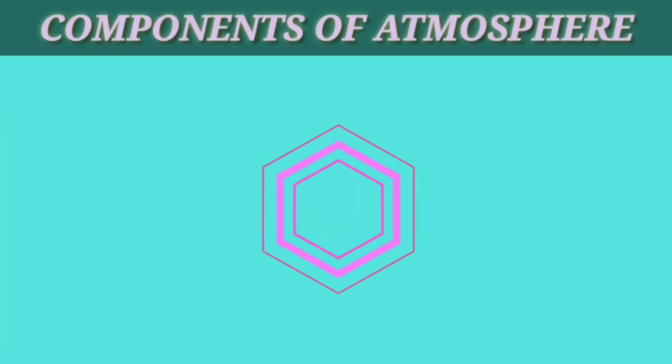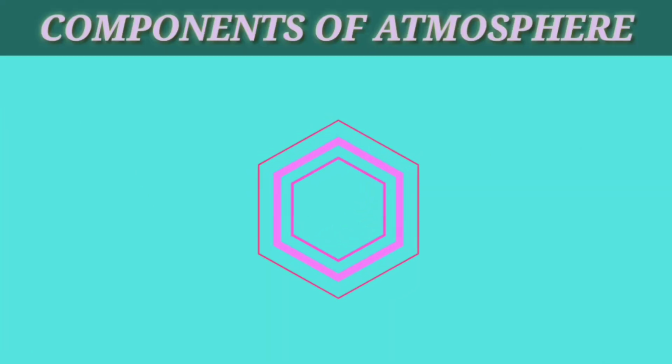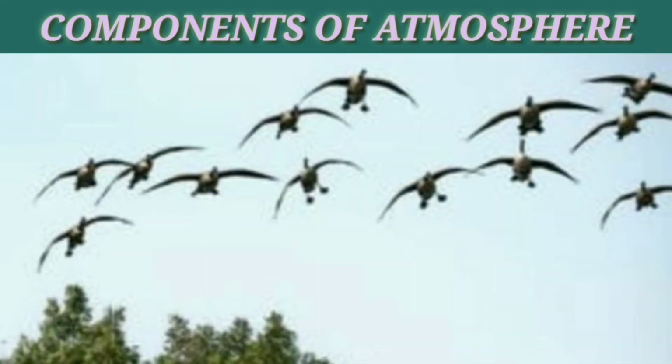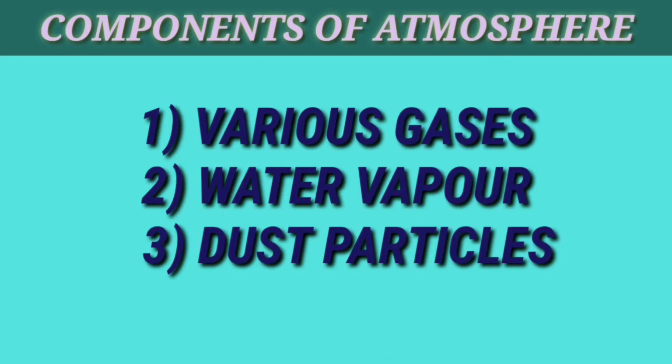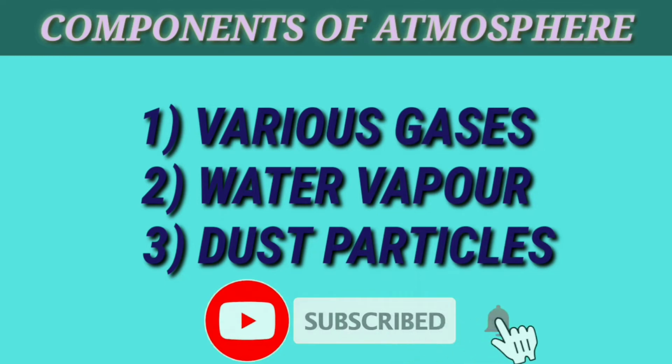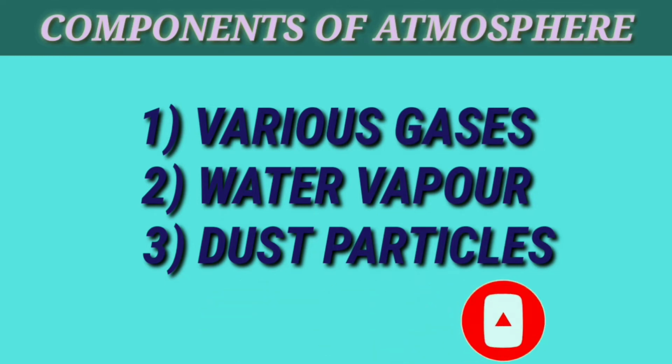Friends, now we see components of atmosphere. There are three main components of atmosphere. Number 1, various gases. Atmosphere consists of many gases like hydrogen, oxygen, nitrogen, carbon dioxide, etc. Number 2, water vapors.